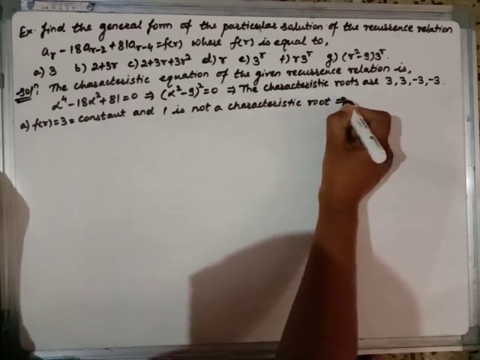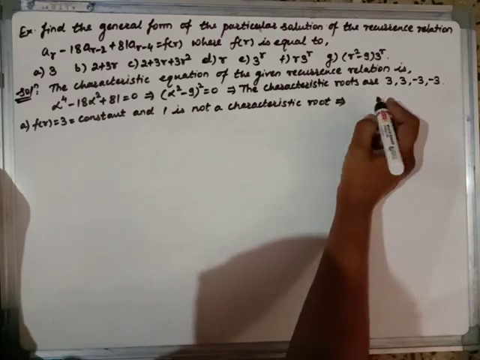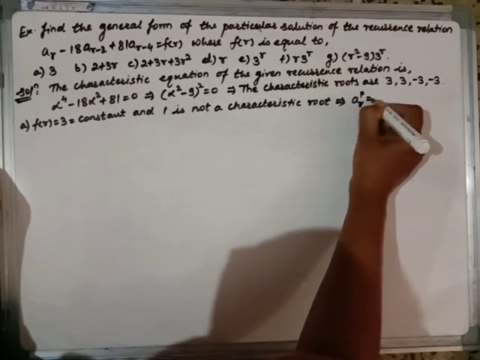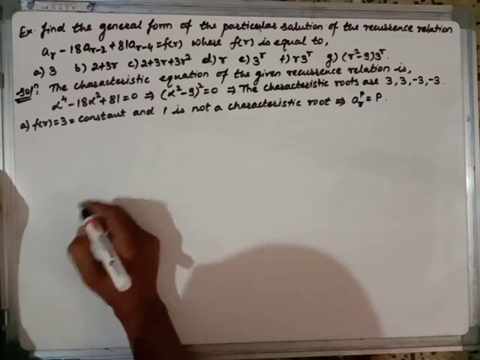So by rule 1, the particular solution is simply P.